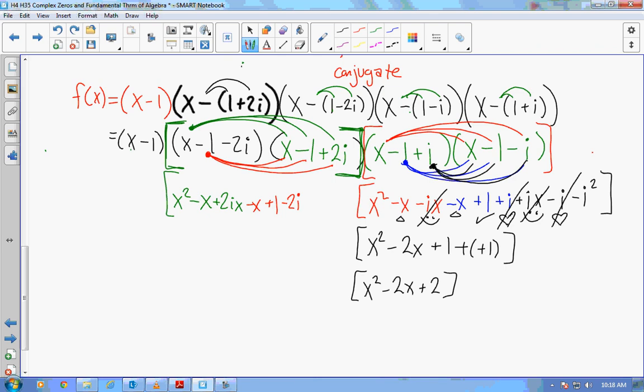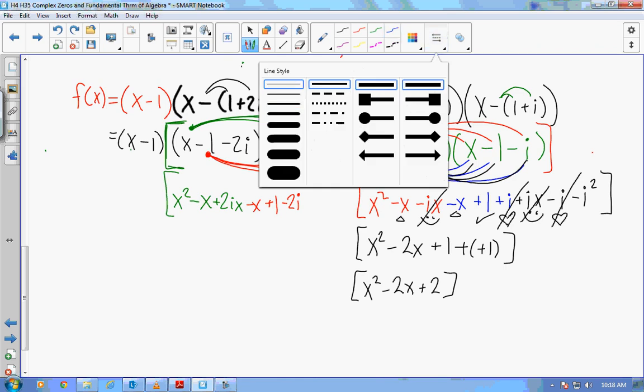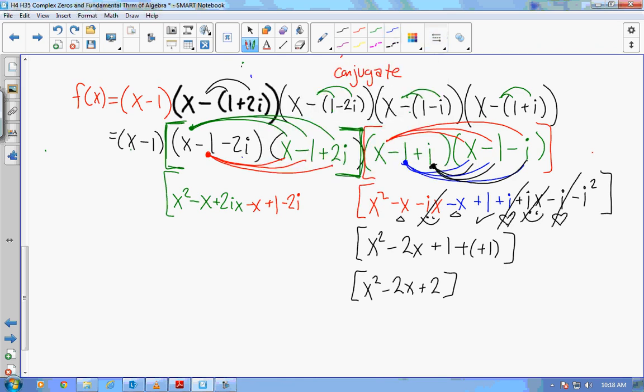Any questions so far? We have one more set to do. We have to distribute in the negative 2i. Make sure you always use that sign. Negative 2i times x. What would that be? Negative 2ix.